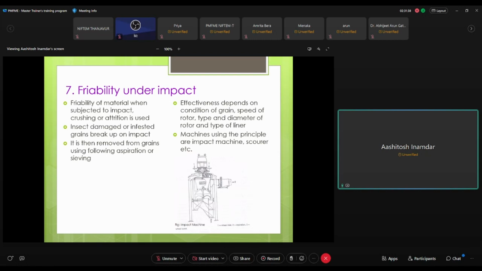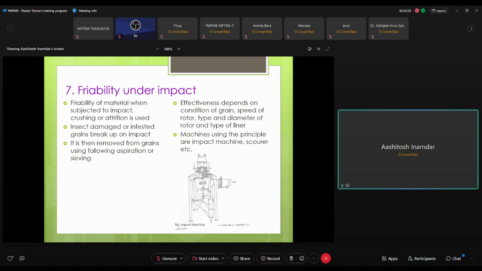Friability under impact. This is related with the brittleness of the grain, particularly the hollow grains or the infested grains. Again, it is related with the previous principle of surface cleaning, scouring. What happens here? The grains are passed through a machine called an impact machine. This machine rotates at a very high speed, and these hollow kernels will get hit on the liners and get damaged.